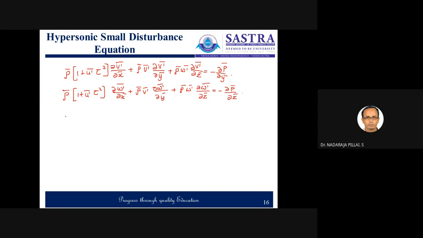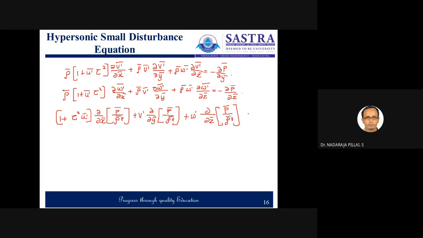So I will write that equation as 1 plus τ² ū' into ∂/∂x̄ of p̄ by ρ̄^γ plus v̄' into ∂/∂ȳ of p̄ by ρ̄^γ plus w̄' into ∂/∂z̄ of p̄ by ρ̄^γ, that is equal to 0.